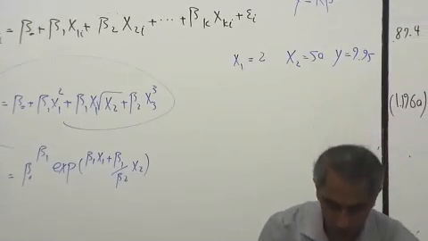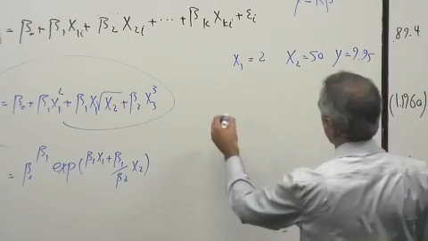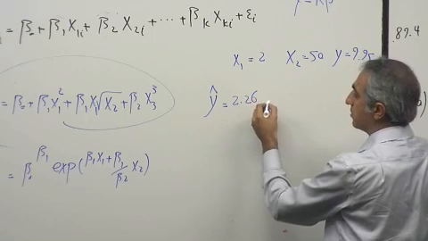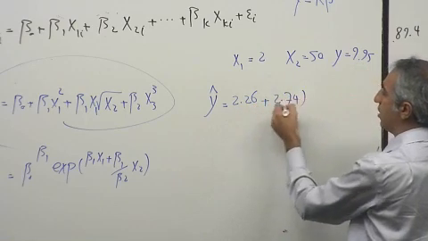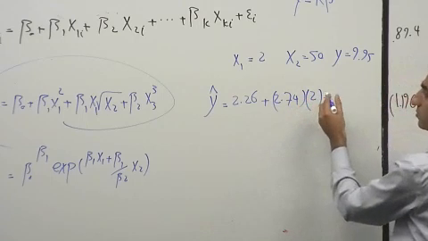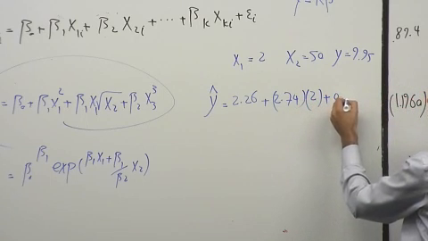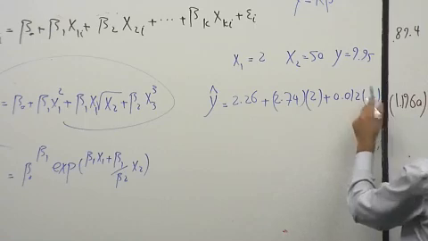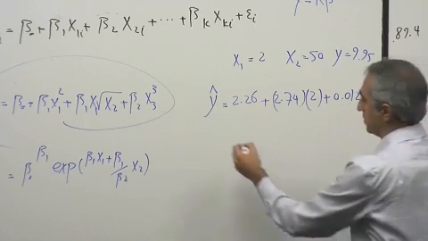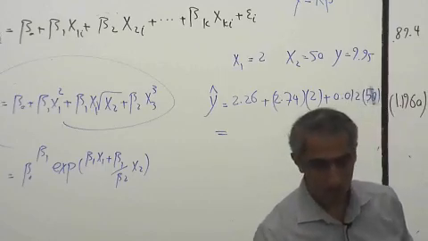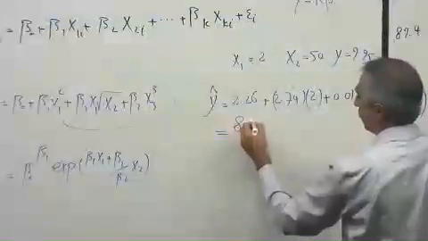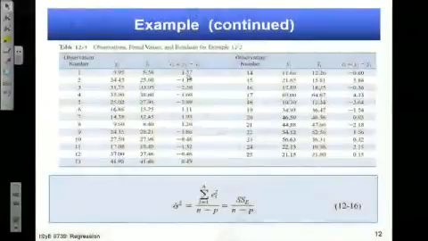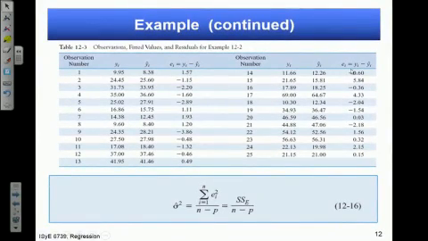So we can easily find y hat, which is 2.26 plus 2.74 times x1 plus 0.0012 times x2. I'm sorry, x2 is 50. Then it gives you y hat. In this case, your y hat is 8.38.